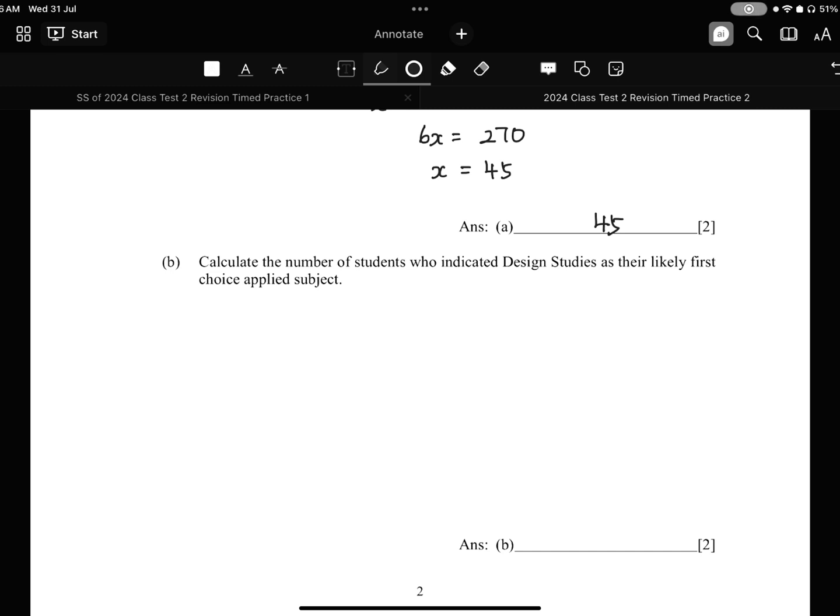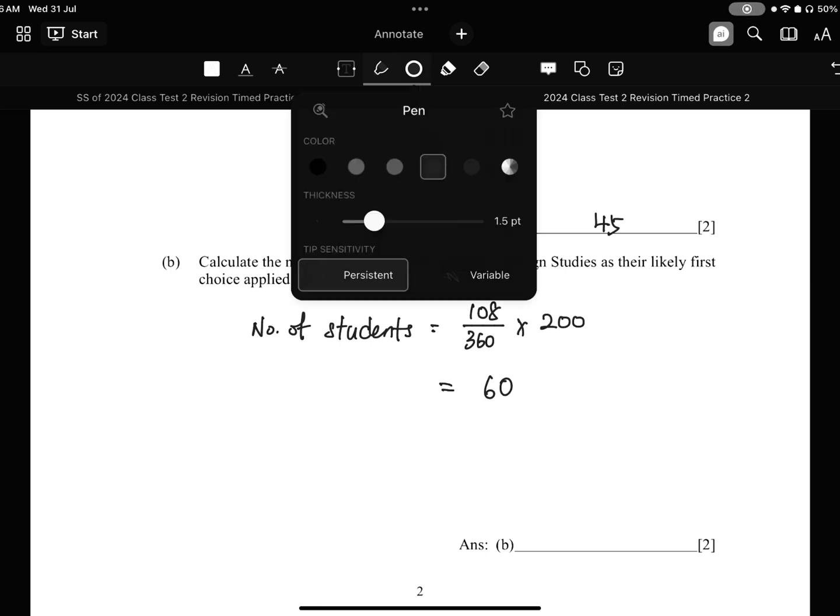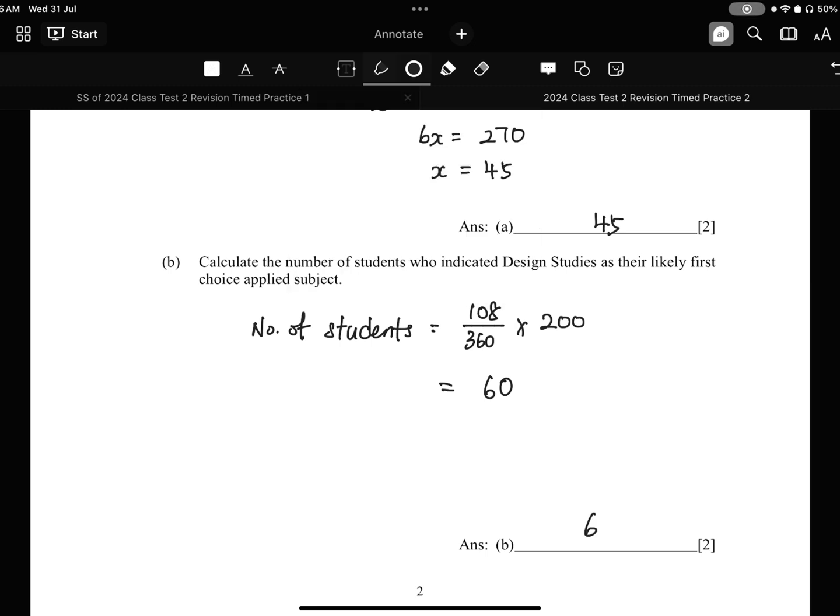So the number of students, let me write it down, in this case will be 108 over 360 degrees multiplied by the total, which is 200 students, and that will give us 60 students, right? 60.